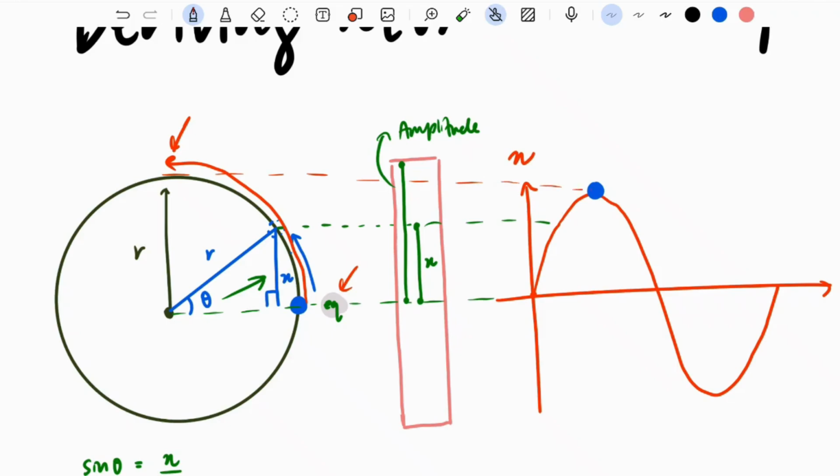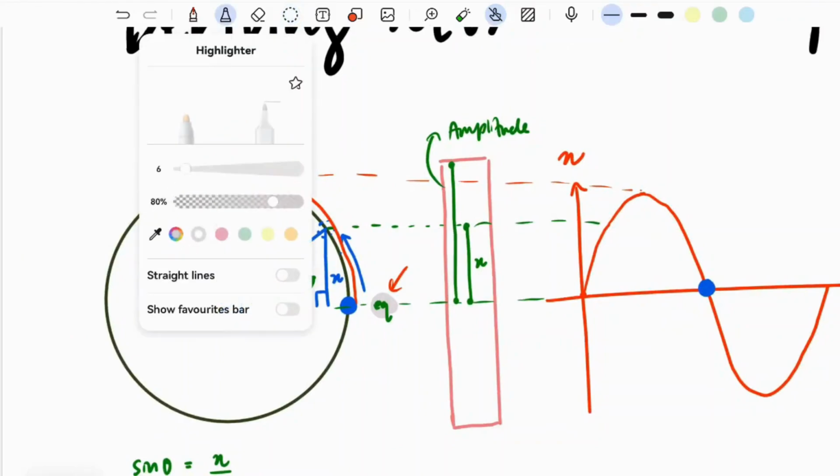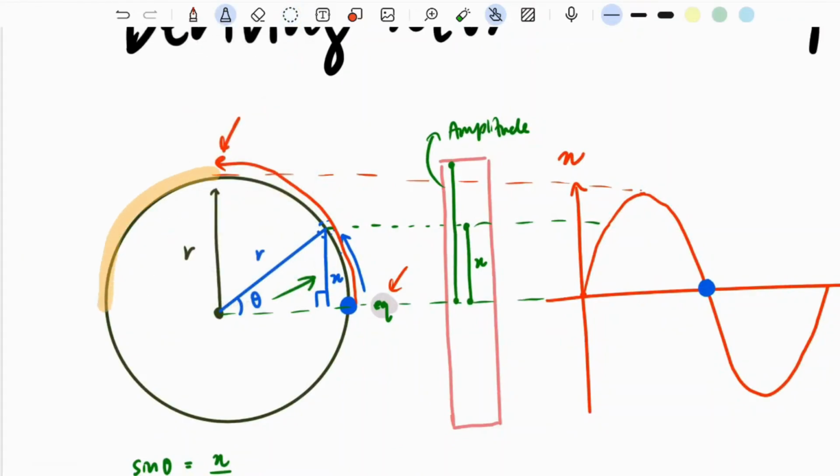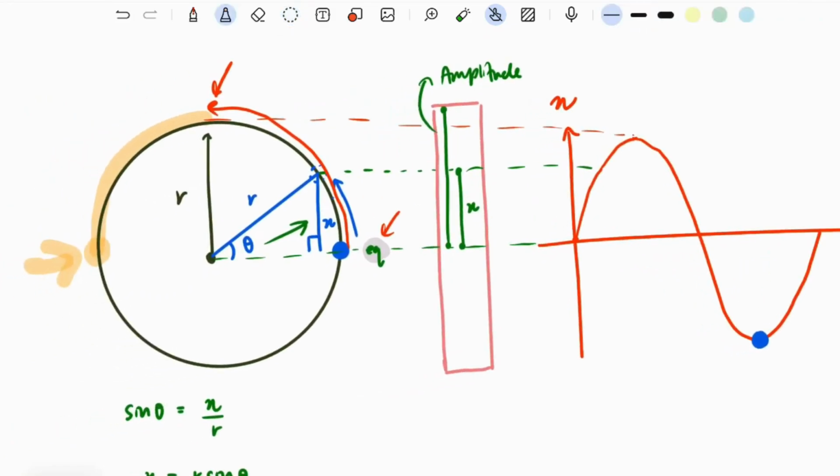I know it doesn't look straight, but you get the idea, right? It reached the highest point. Then after that, the blue dot is going to go down here. Now, where is this position? This position is when the blue dot is here. Then it goes down to the lowest point. Now, where is the lowest point? It's actually here.